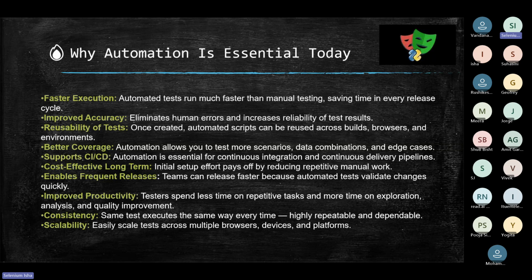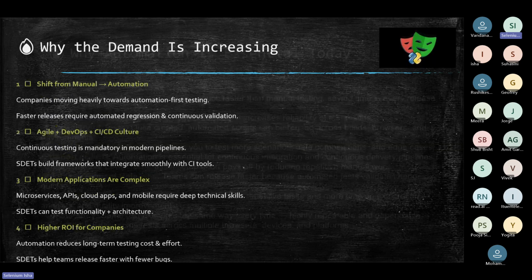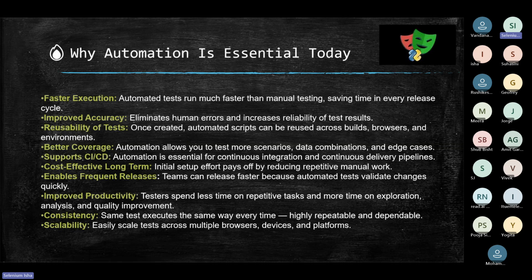So because of these many advantages of an automation tool, it is being used in many of our projects now. So earlier, around 40% of the companies were using automation and the rest 60% was still in manual scenarios.